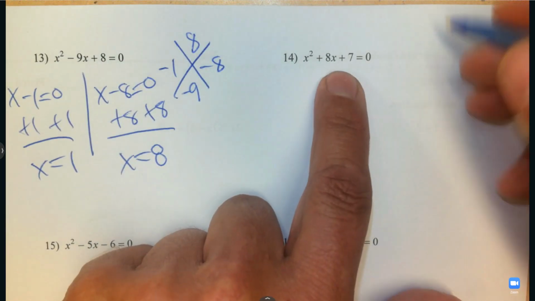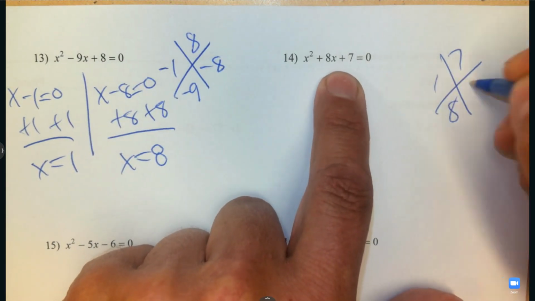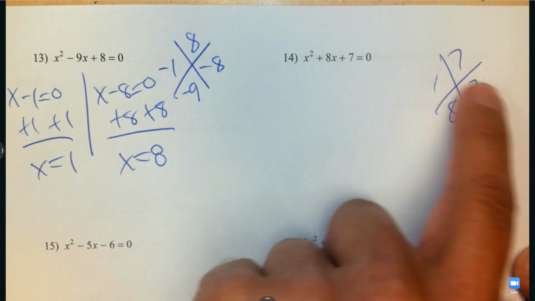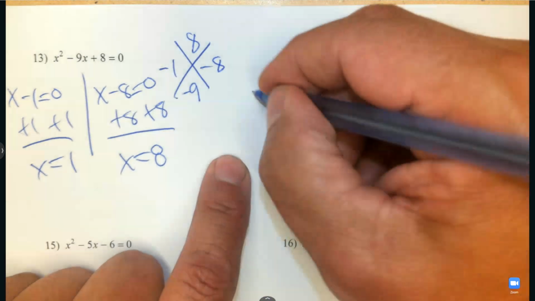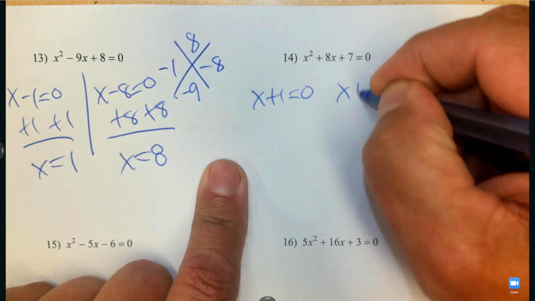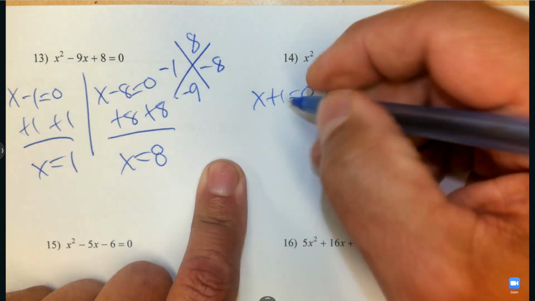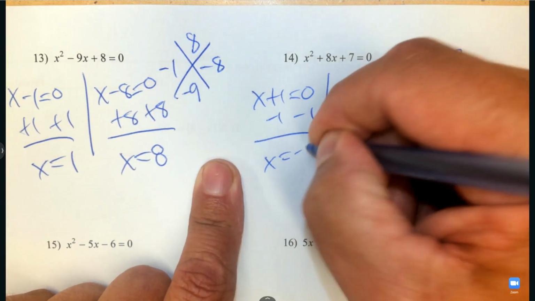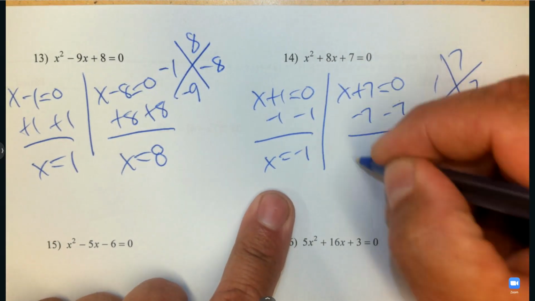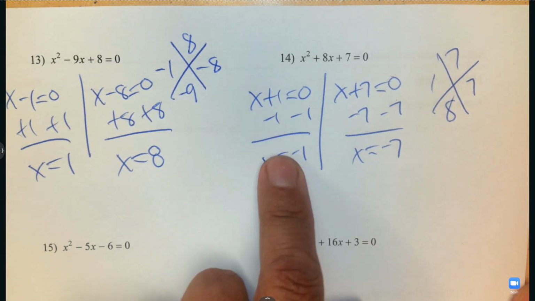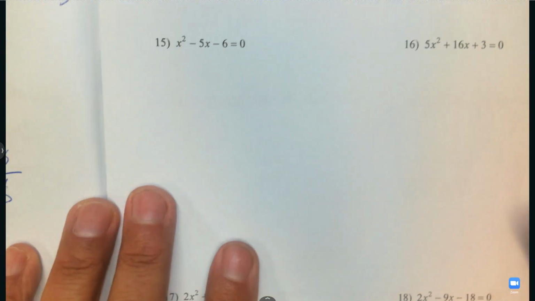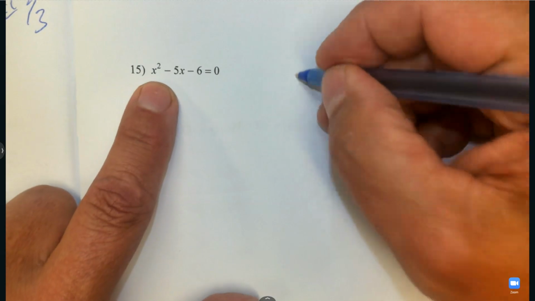Same thing here. So can I factor this? So 2 numbers that multiply to 7 and add to 8. Then each factor, so +1, +7, and then you solve them. So I'm going to subtract 1, I'm going to subtract 7, and I have my 2 answers. Again, I'm going to factor.